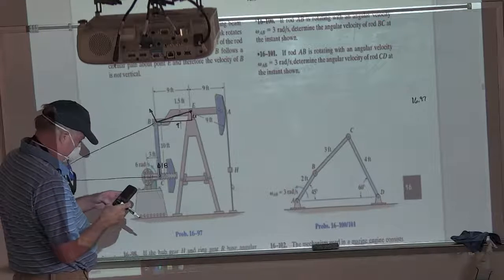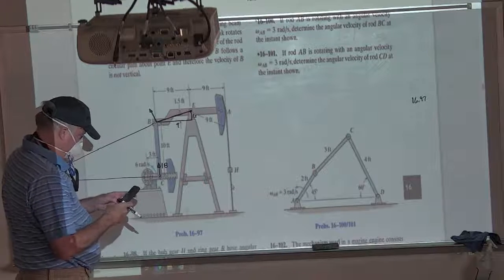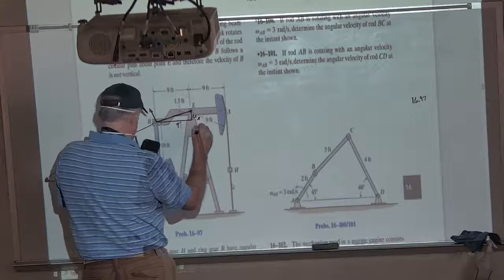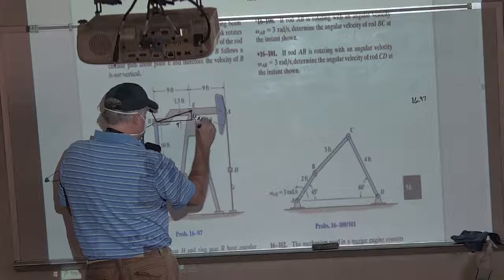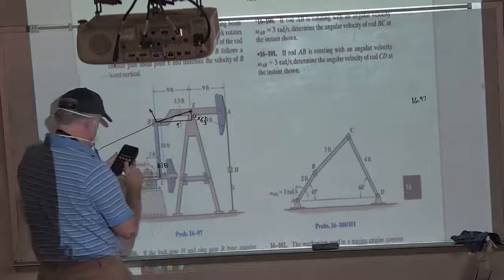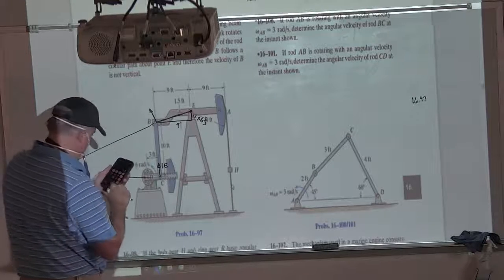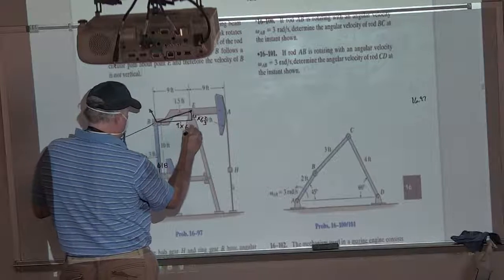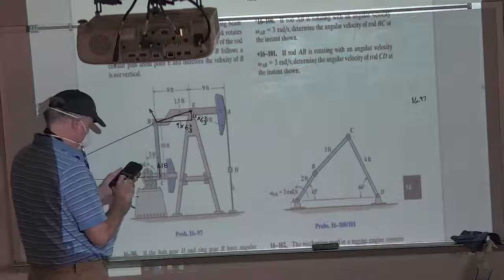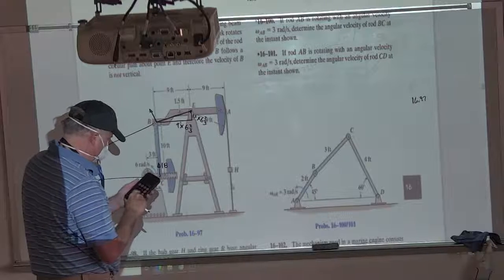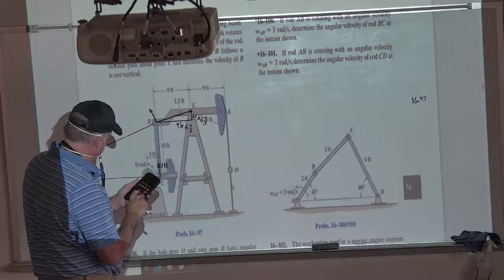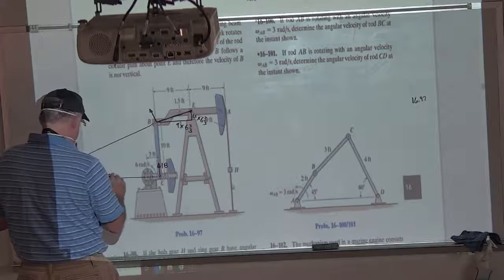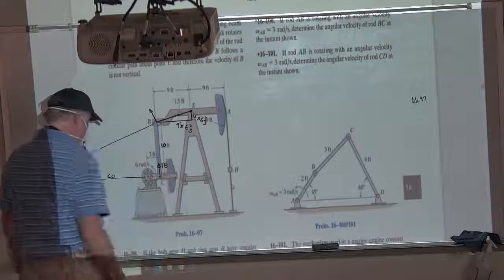Well, turns out if I multiply this times 6 2/3, I get 10. If I multiply this times 6 2/3, I get 60. So this is a 60-10.